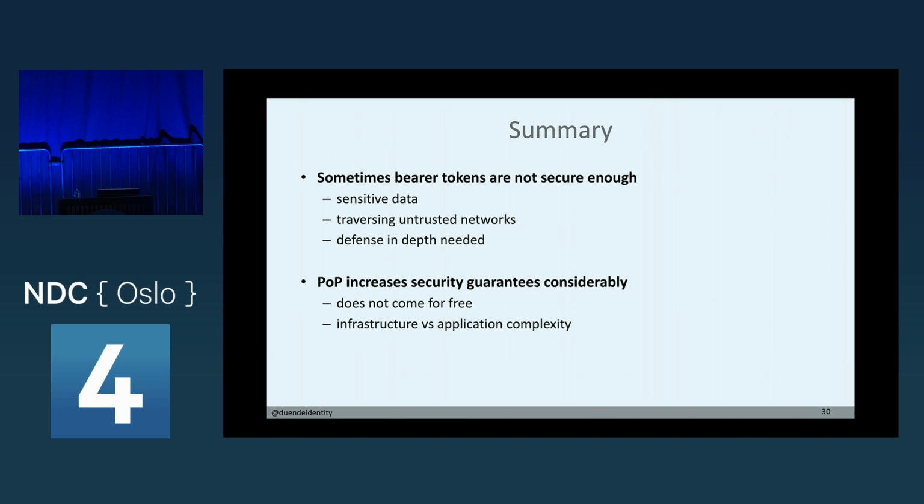So we need to keep calling the STS every time? No. You only call the STS at token request time, just as before, but you need to attach this additional proof token for every API call. And then it depends on how long-lived your access tokens are, how often you need to go back to the token server.